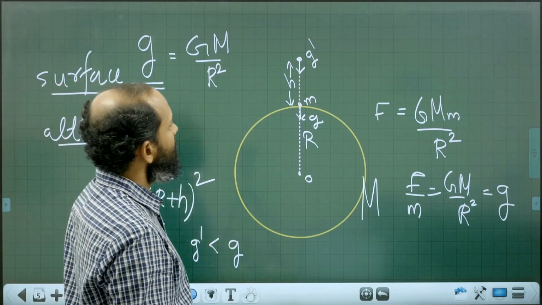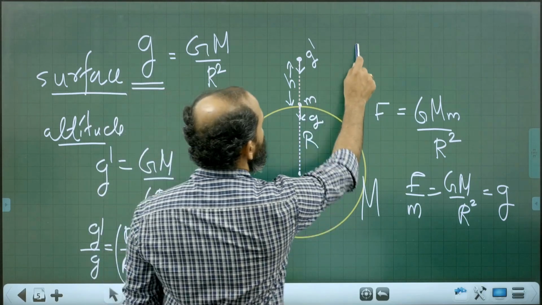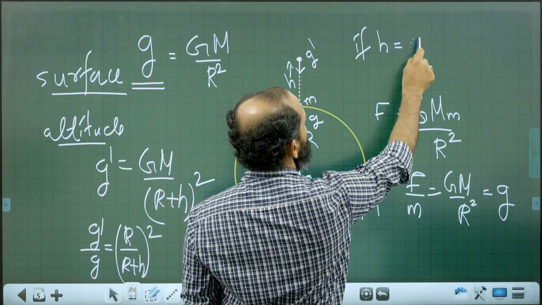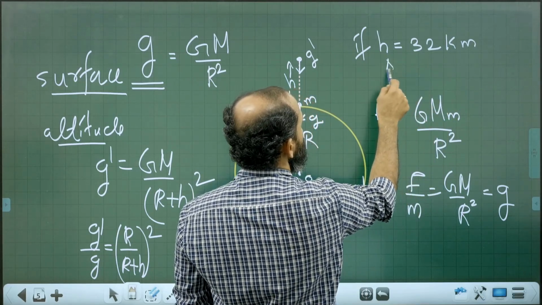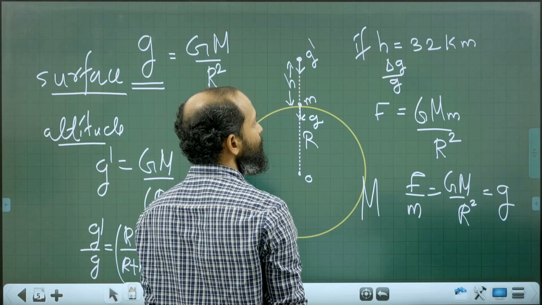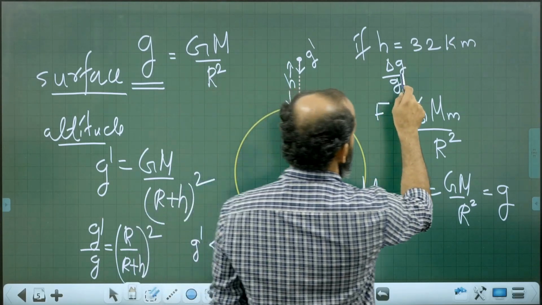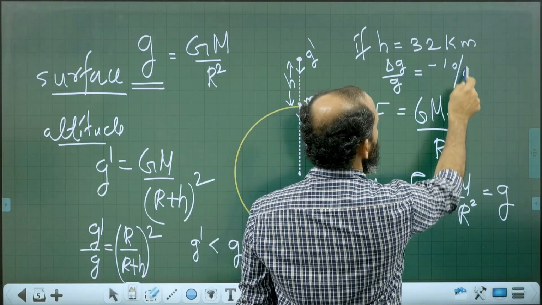And when it is at a height of 32 kilometer, by the previous result, the value of acceleration due to gravity decreased by a factor of 1%. So delta g by g is equal to minus 1%.